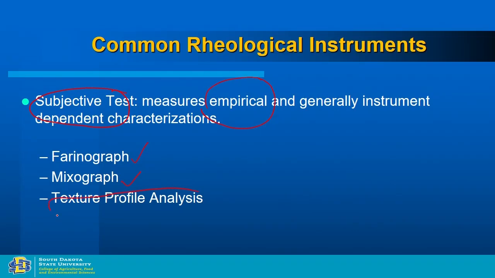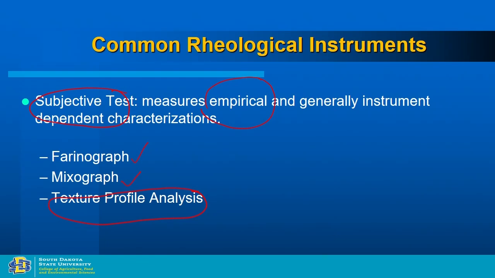I also put texture profile analysis, because in my opinion the TPA test, very commonly used, is more of a subjective test because we do not get stress-strain data, or we do not characterize the material based upon stress-strain data.